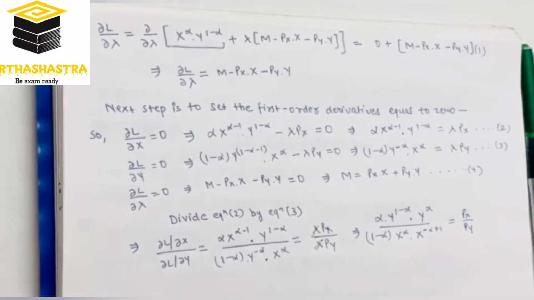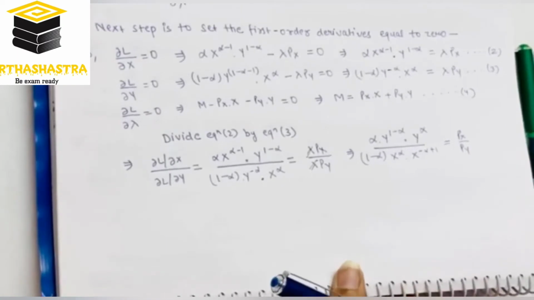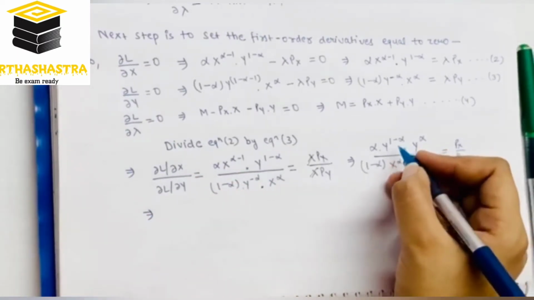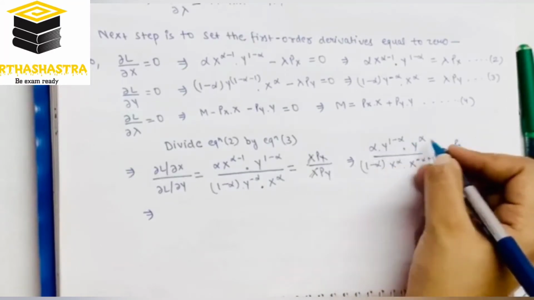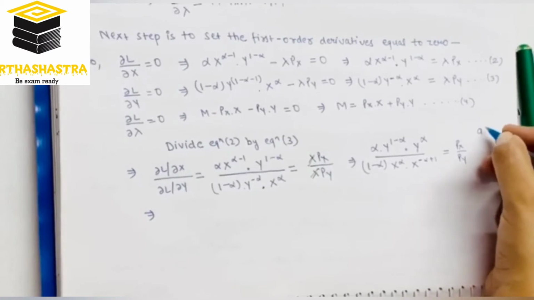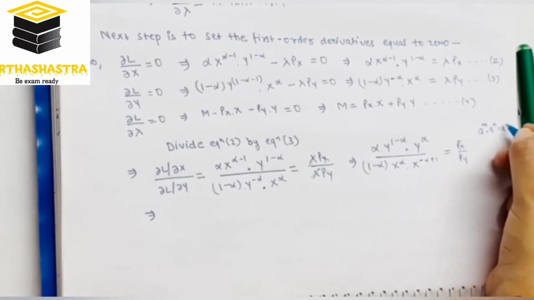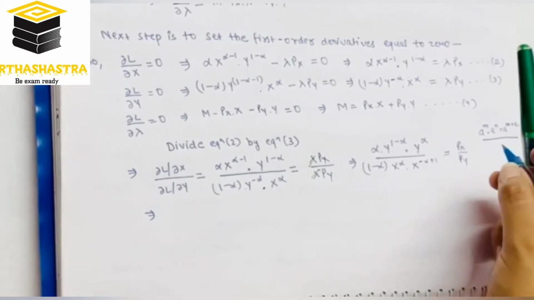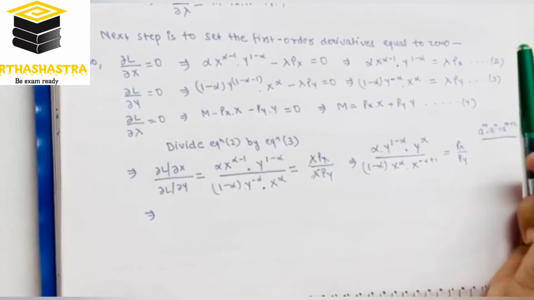Okay. Now bases are the same, so we can add the powers. As you must know, if a raised to the power m times a raised to the power n, we have a raised to the power m plus n. So using this exponential rule, we add the powers.